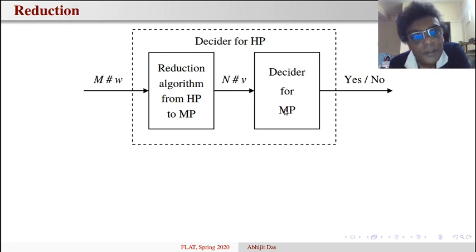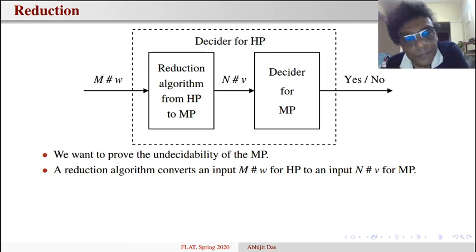In other words, given an instance M hash W for the halting problem, we want to convert that instance to an instance N hash V for the membership problem, such that N accepts V if and only if M halts on W.